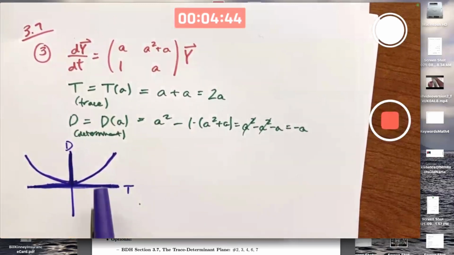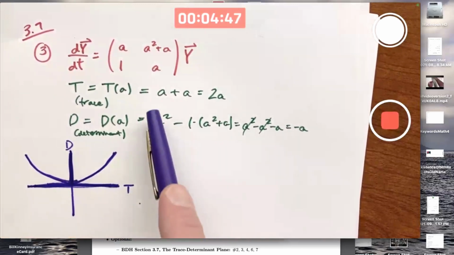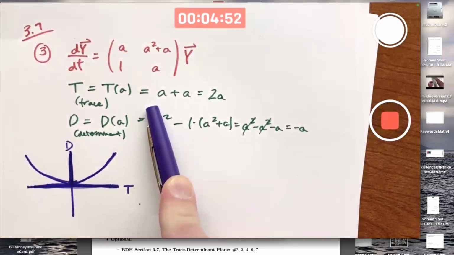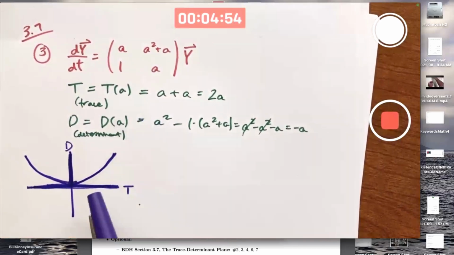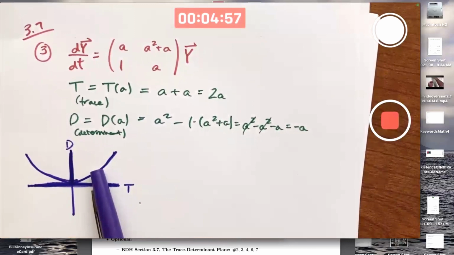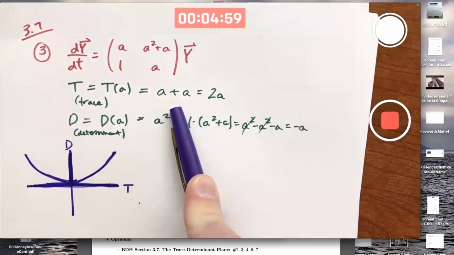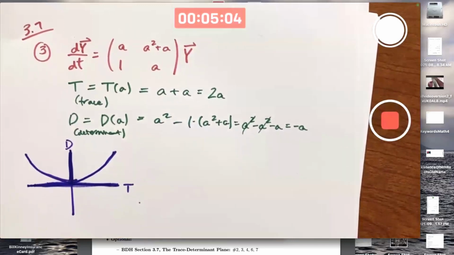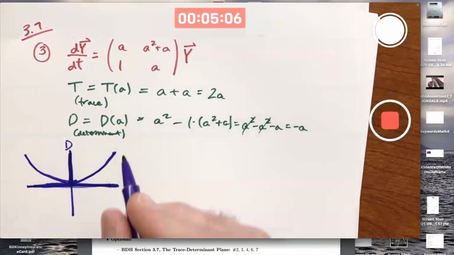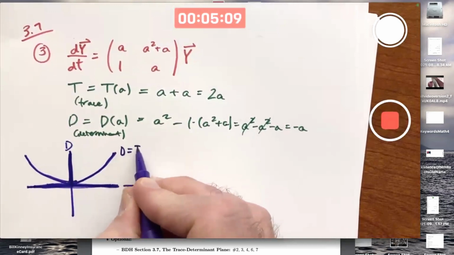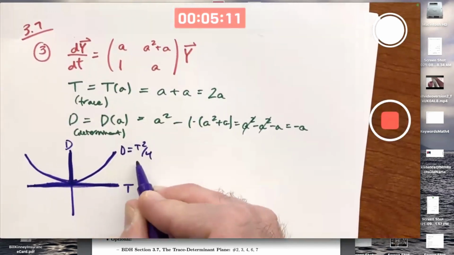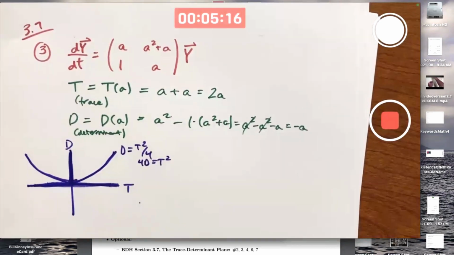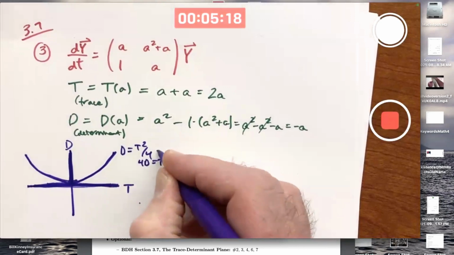A more precise way of saying it is when the trace and determinant have values such that the point whose coordinates are T and D is on that parabola, then the linear system has a real eigenvalue that's a repeated root. That parabola is D equals T squared over 4, right? Yep, its equation is D equals T squared over 4, which you can also write as 4D equals T squared if you like to avoid the fraction right away. Those are equivalent to each other.